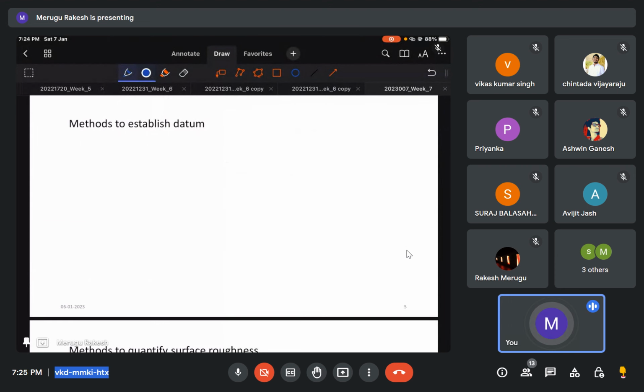As I discussed earlier, we measure something related to the datum line or datum surface. As I said, there are some systems to establish the datum also. Generally there are two types of methods for establishing this datum line or surface.